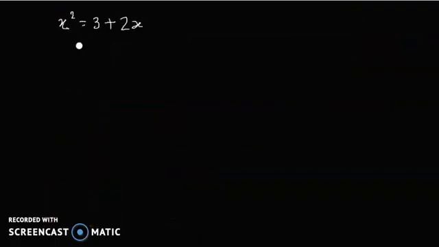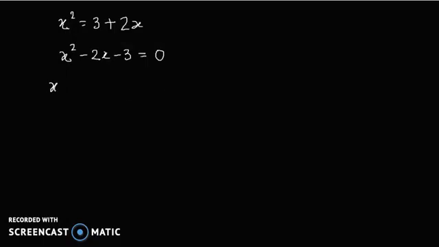In the previous slide I got this equation, so I have rewritten it here, and then I can write it further as x square minus 2x minus 3 equal to 0, and we will factorize the left hand side.